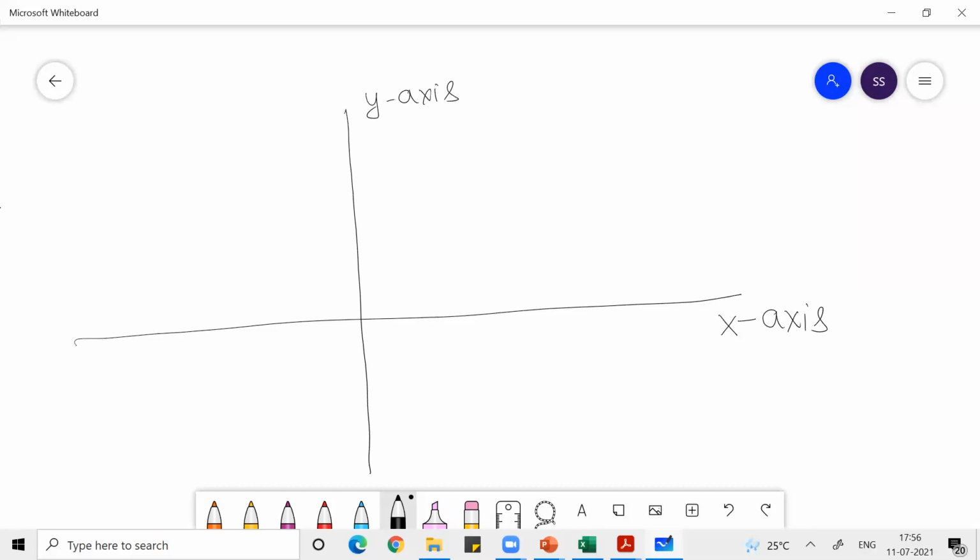Okay. So the person who has asked me the question, do let me know whenever you find any difficulty. So the horizontal axis is the x-axis and the vertical axis is the y-axis.